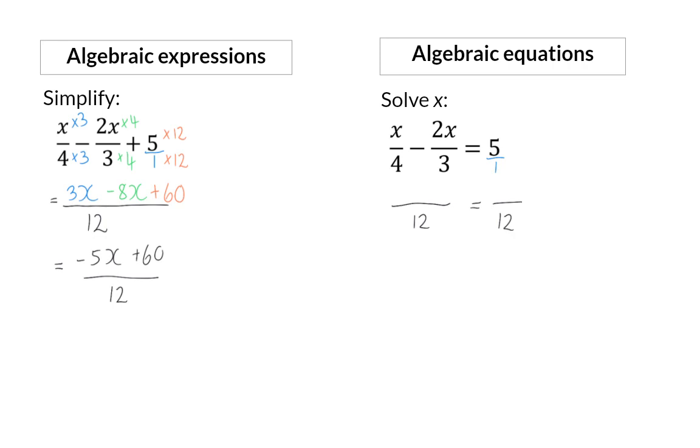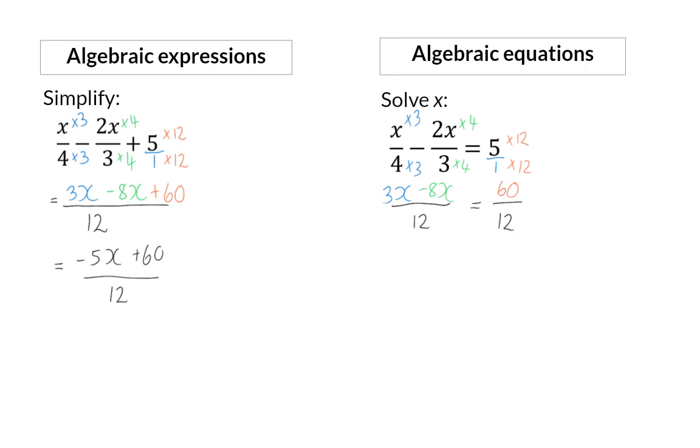Next, I'm once again going to change the numerators according to the new denominator. So the first fraction I still had to multiply by 3, and repeating that at the top, I will have 3x. The second fraction of 3 still needs to be multiplied by 4, which I also repeat to get minus 8x. And on the right hand side, the denominator has to be multiplied by 12, and repeating that at the top, I will have 60.